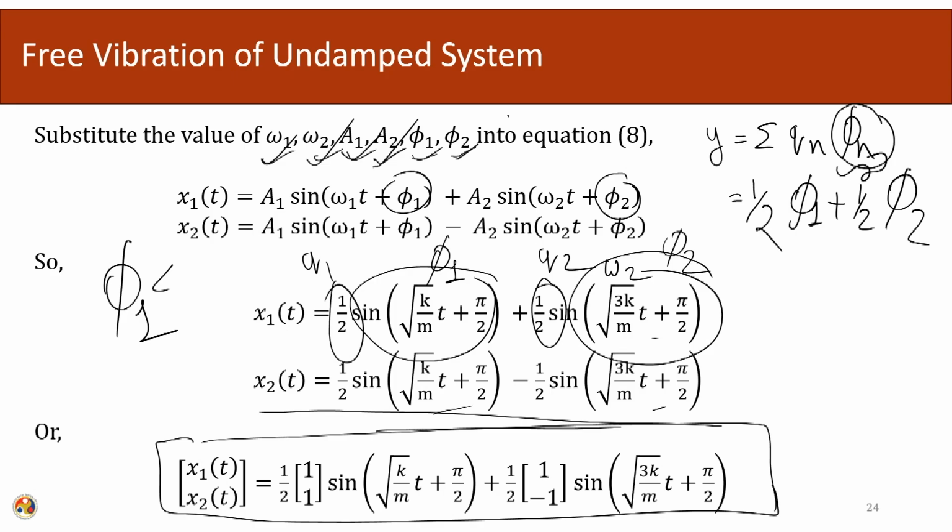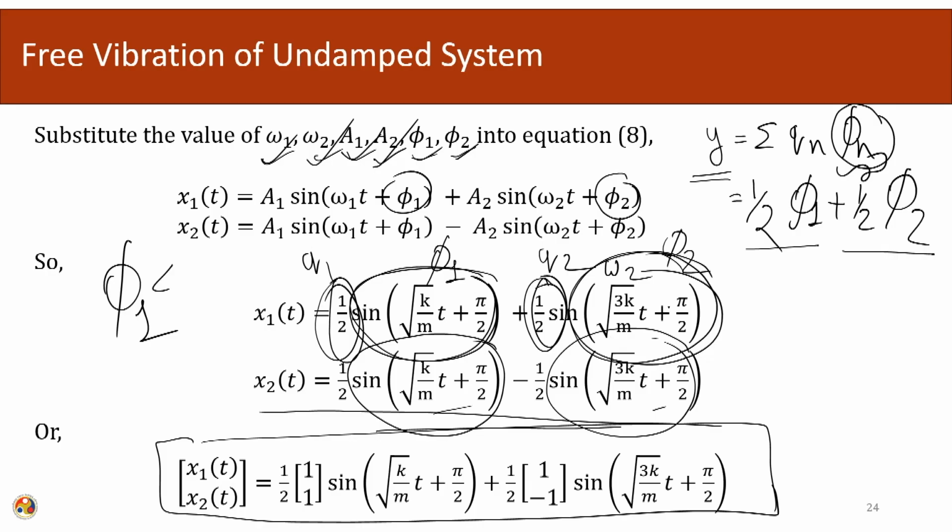Now we know that the total displacement will come from the summation of the contributions from the 2 modes. This is the contribution from the first mode, this is the effect of the second mode, and this is the amplitude contribution from the 2 modes. Look here, phi 1 and phi 2 remain.